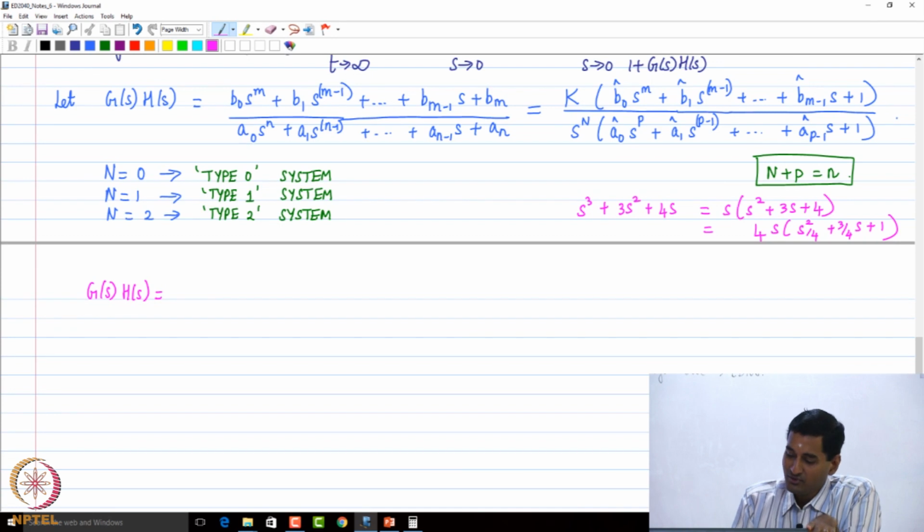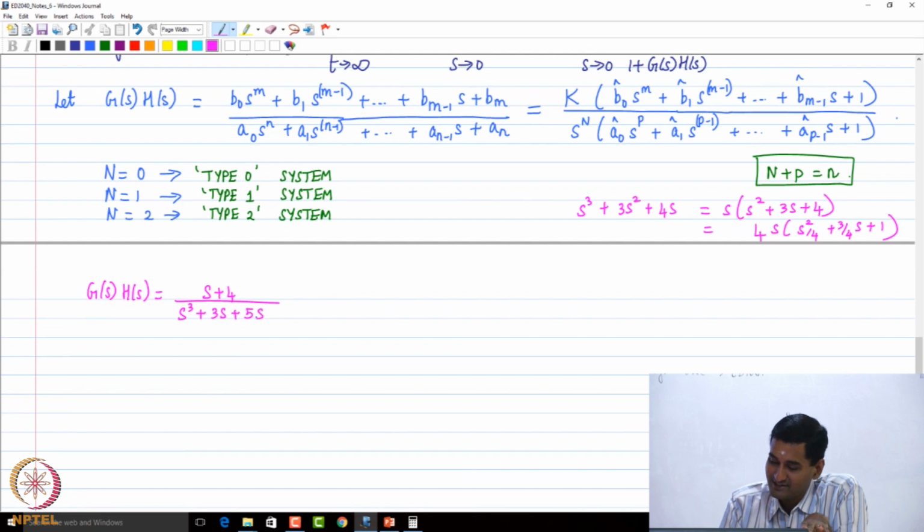Let's say I have s plus 4 divided by s cube plus 3s squared plus, let's say I change the number, 5s. What I do is take 4 out in the numerator and make it 0.25s plus 1. Please stop me if I am making a mistake. Then I take 5s common in the denominator.